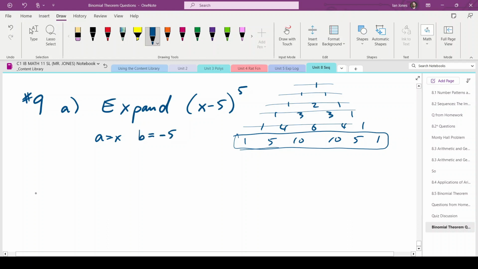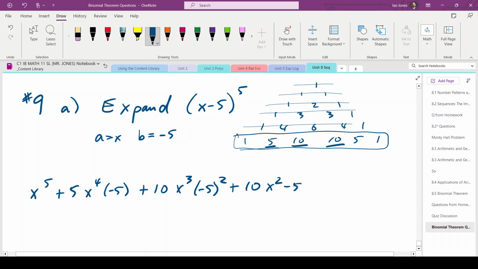Okay, so I have 1 x to the 5, negative 5 to the 0, so I don't need to write it, plus 5, x to the 4, I just bring it down 1, negative 5 to the 1, plus 10, x to the 3, negative 5 squared, plus 10, x to the 2, negative 5 to the 3, plus 5, x to the 1, negative 5 to the 4, plus 1, x to the 0, so I don't need it, negative 5 to the 5.